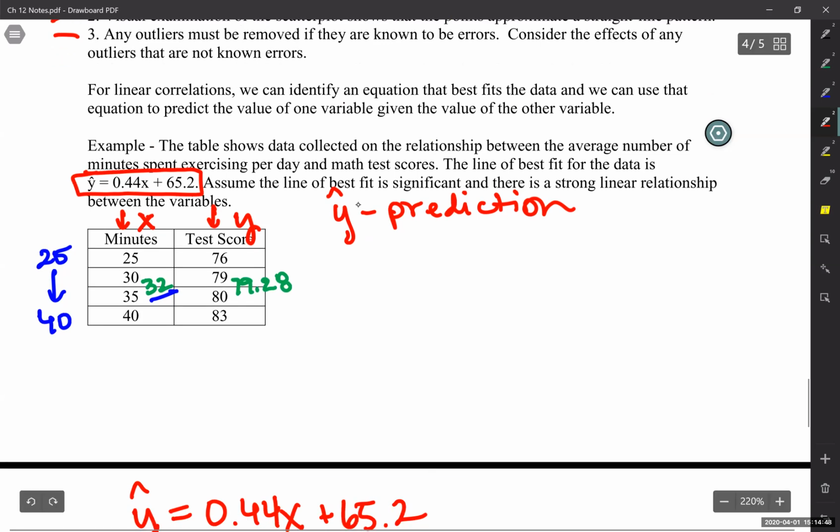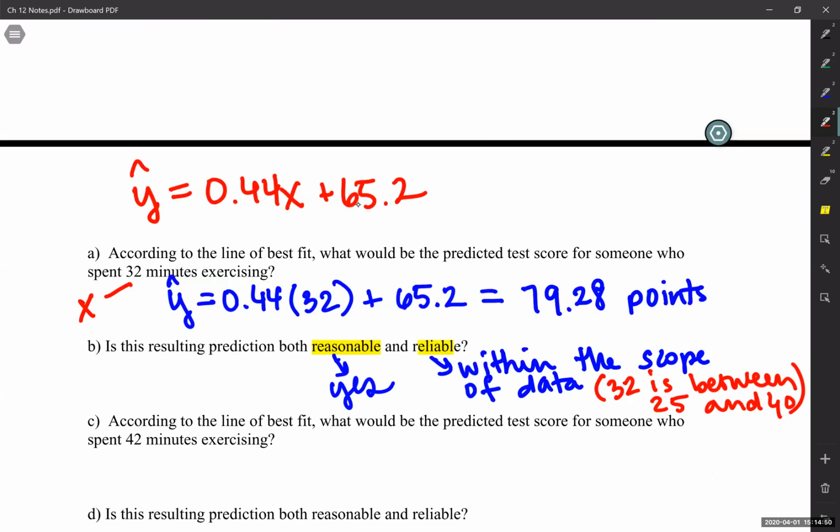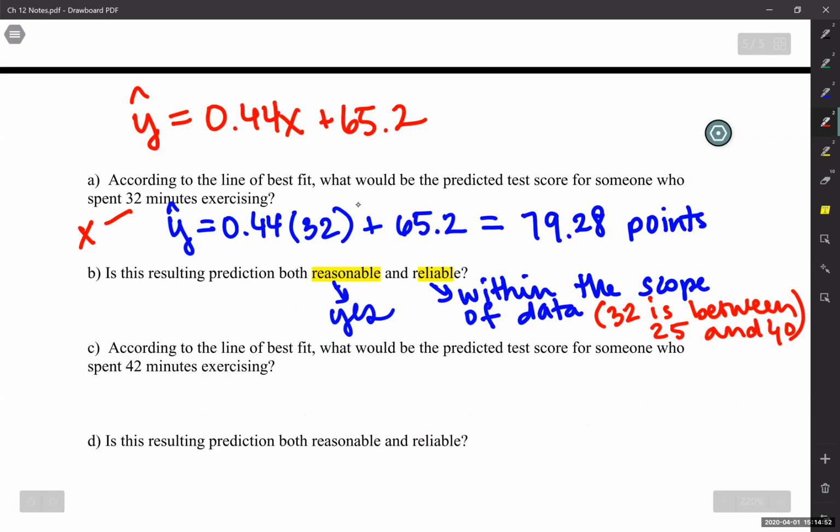Okay, so this next example, 42 minutes. Right away, going back to that scope of data, 42 minutes is not between 25 and 40. So this is not going to be reliable. Let me just write this down. Reliable?